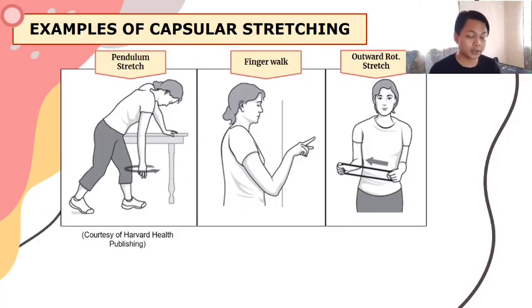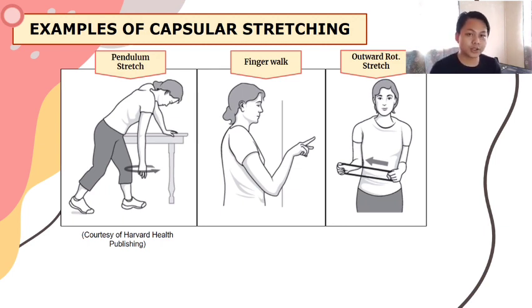Last but not least, we will see the examples for capsular stretching. There are lots of other examples and exercises that patients can do during the treatment plan. However, I'm going to talk about only 3 of these. The examples are the pendulum stretch, finger walk, and outward rotation stretch of the shoulder joint.